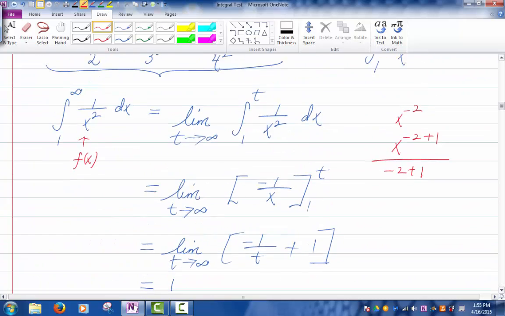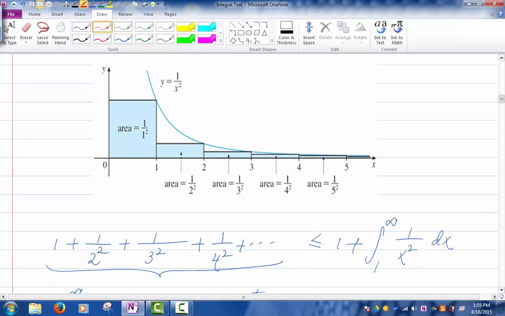That is what's going on here. You see the graph of 1 over x squared, right? Let me delete the number 1 for now. If you look at the graph of 1 over x squared, forget about the first rectangle, okay? Just look at the rectangles from 1 up to infinity.